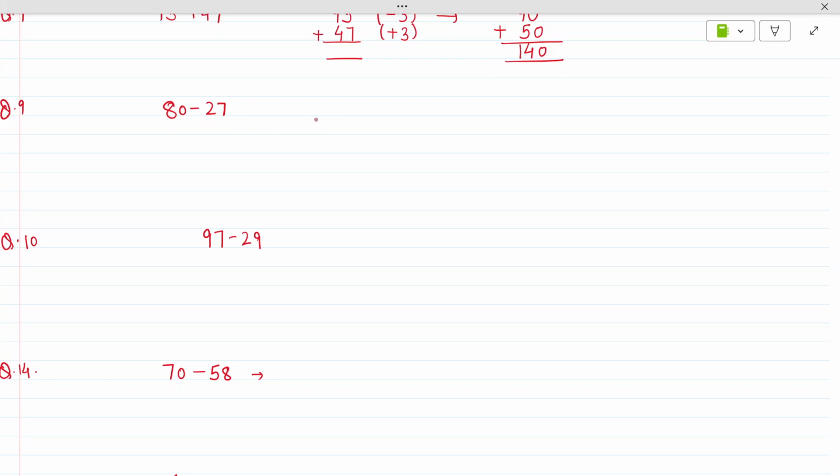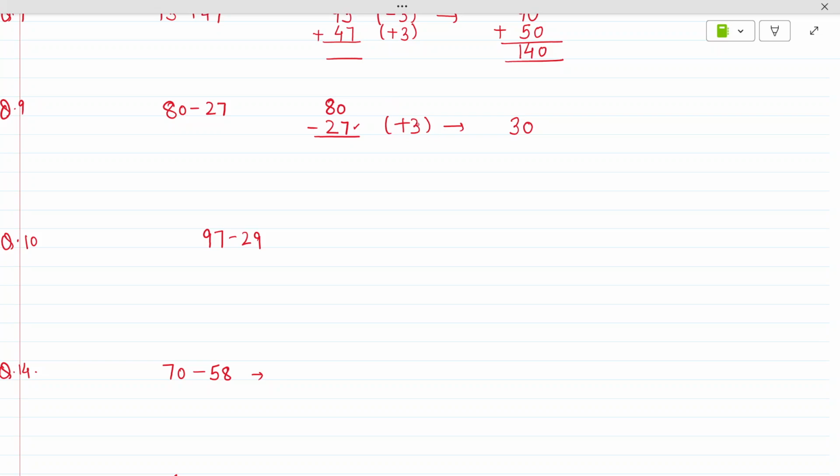So let us pick this question number 9. We have 80 minus 27. So the first thing is always pick the smaller number. I am picking 27 and I am making it a multiple of 10. How? Adding 3 to it. 27 plus 3 will give me 30.